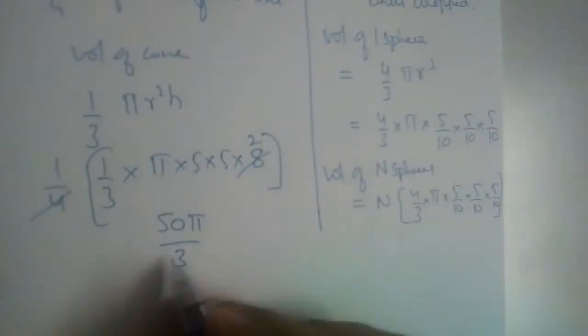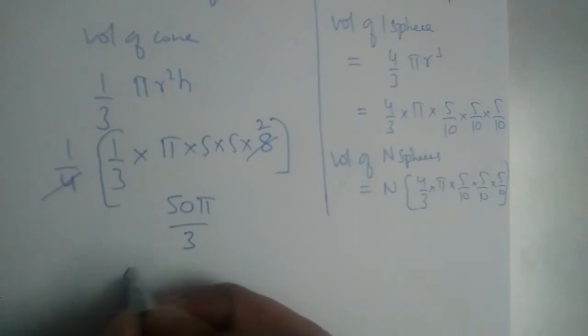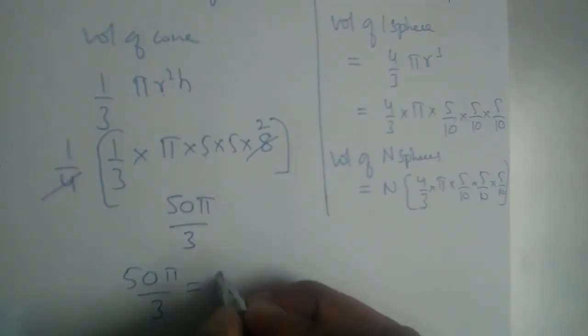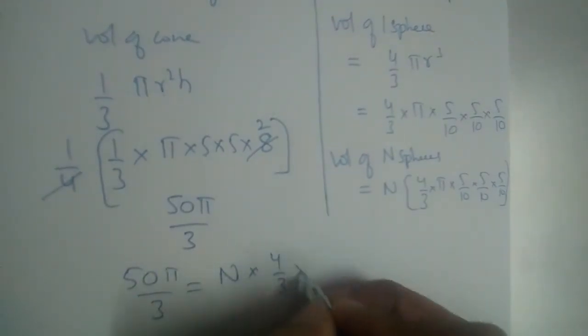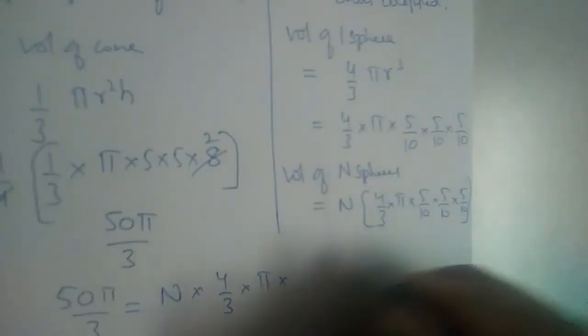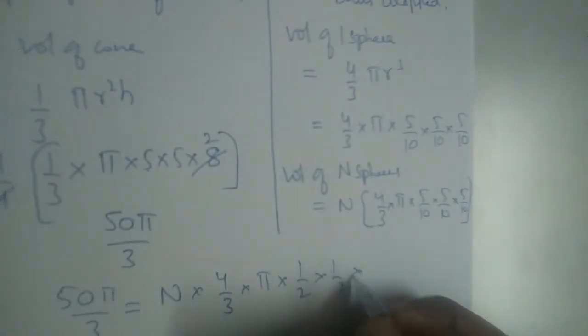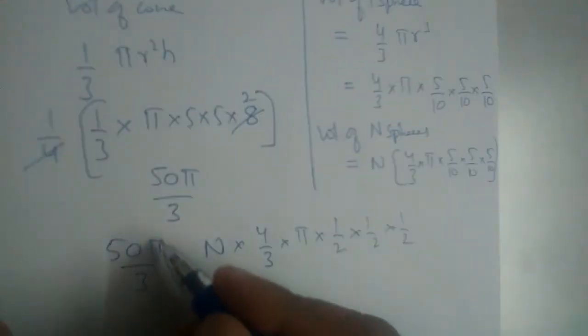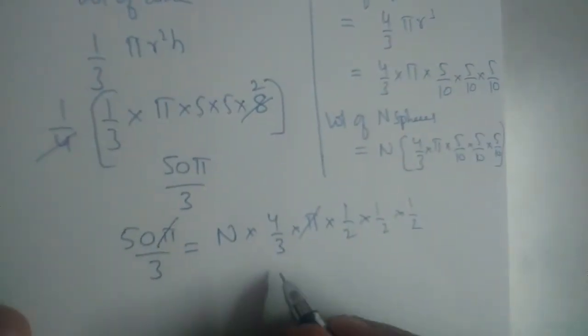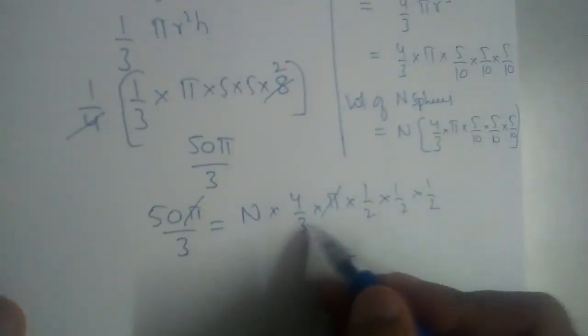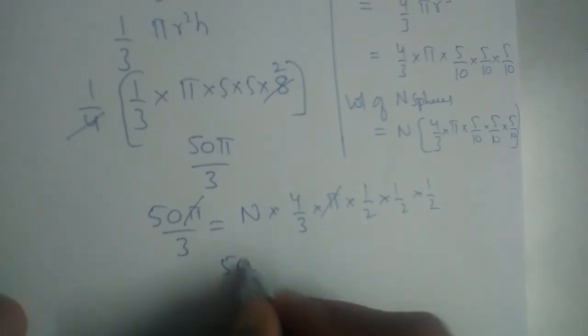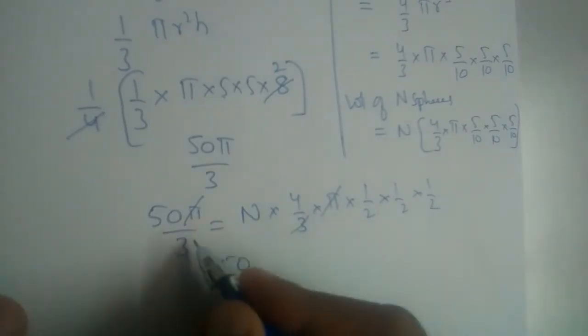So we should equate this now. Okay, let us write it. 50 pi by 3 is equal to n into 4/3 pi into 5/10, which is 1/2, 1/2, 1/2. Pi and pi got cancelled. So let us carefully send these terms to the other side. 50 and 3 will also get cancelled.